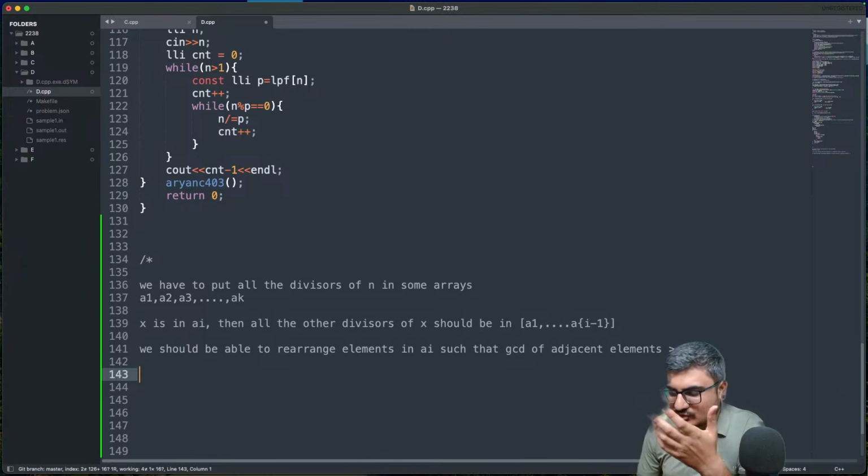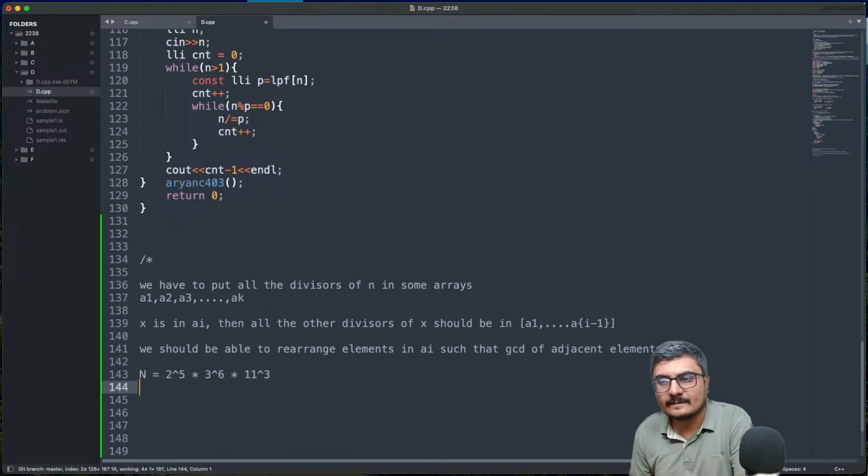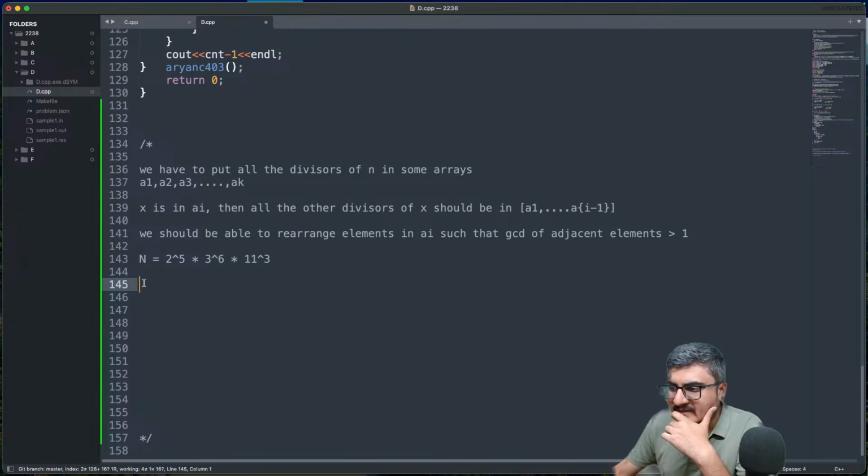And let's say we chose some number n, which is 2 to the power 5 into 3 to the power 6 into 7 into 11 to the power 3. Right? Let's put it this way. And at bare minimum, what all layers will you need?